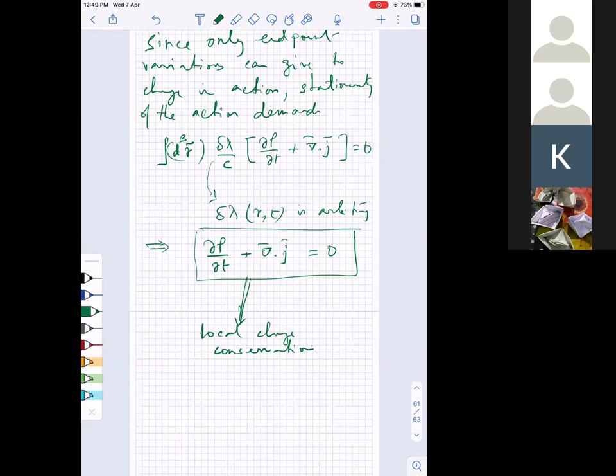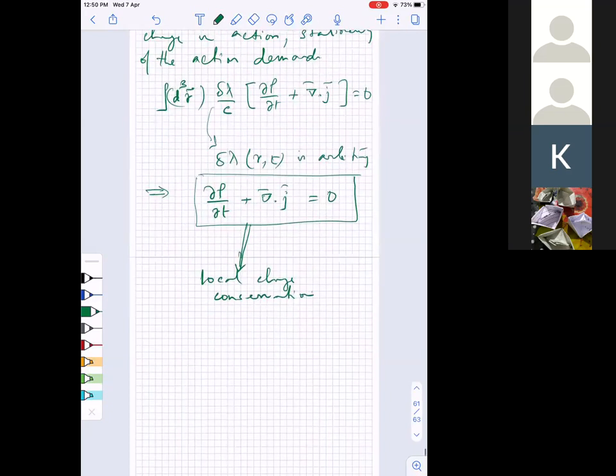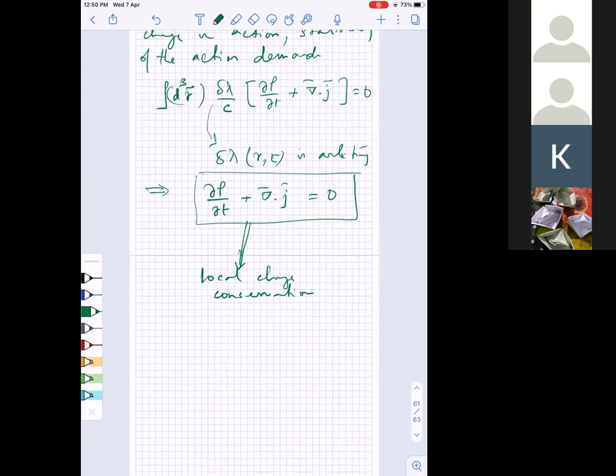Remember, I have written delta lambda as a function of R and T, which means there is a local conservation of charge. One can go one step further: what about the total charge? That also has to be conserved, because we do not create or destroy any charges. So total charge must also be conserved.